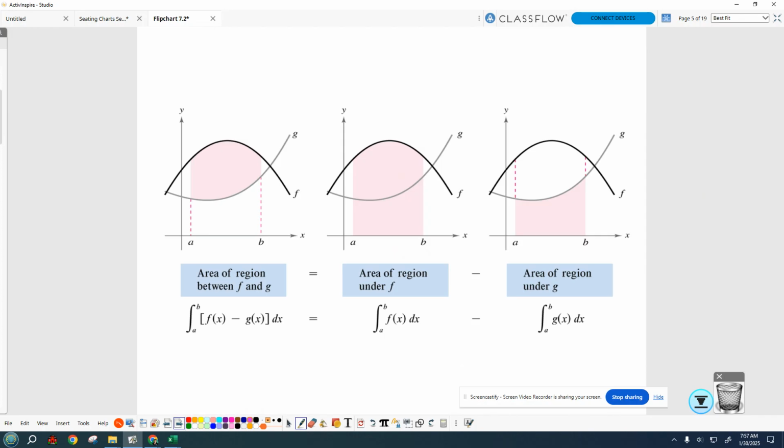So, exactly what he said, and there's the shortcut. We're going to do the top curve minus the bottom curve integrated over this space. Simple enough?